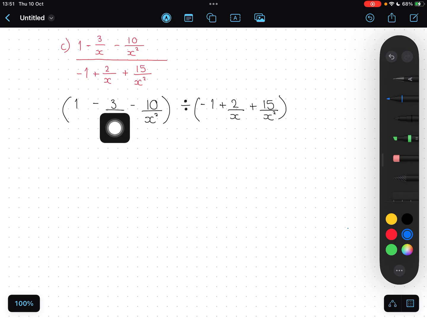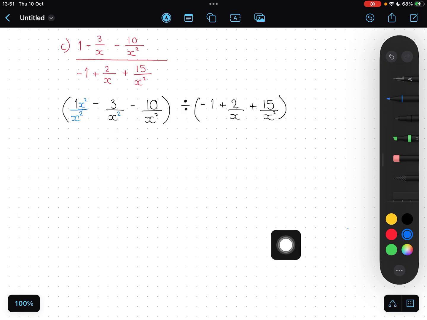So my common denominator here, well, this is a 1, this is an x, and this is an x squared. The easiest, lowest common denominator that I can use is x squared. If I make all the denominators x squared, now they are common. So this denominator had to be multiplied by x squared, which means the numerator also has to be multiplied by x squared.